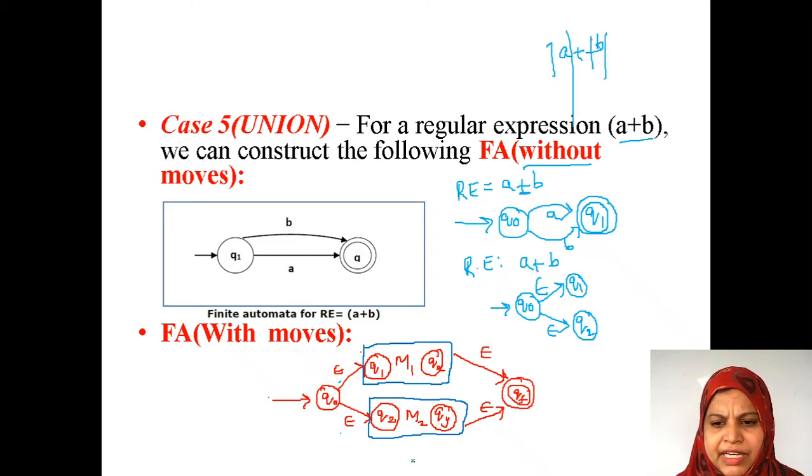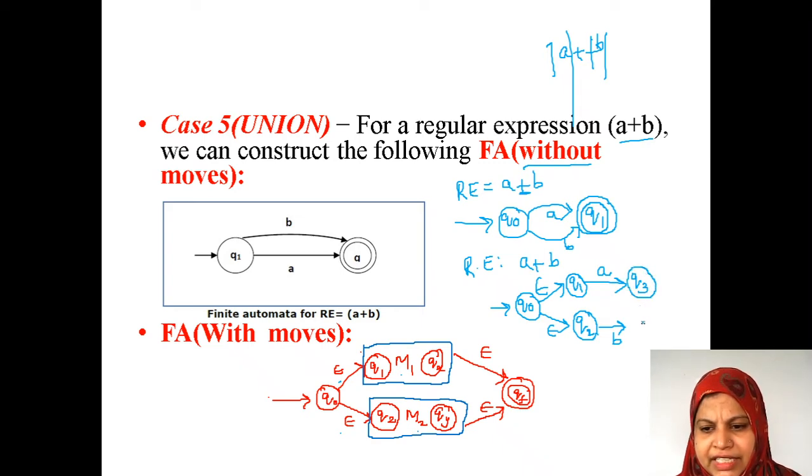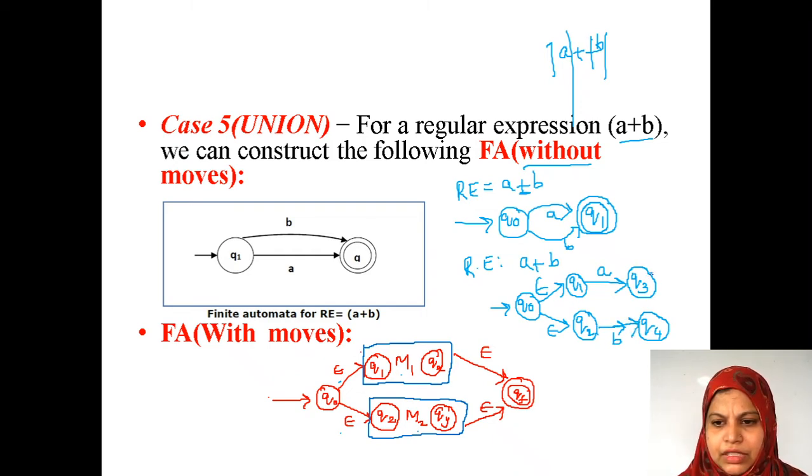So my M1 is A, M2 is B. Next Q3, next Q4, then epsilon, Q5, this is the final state.